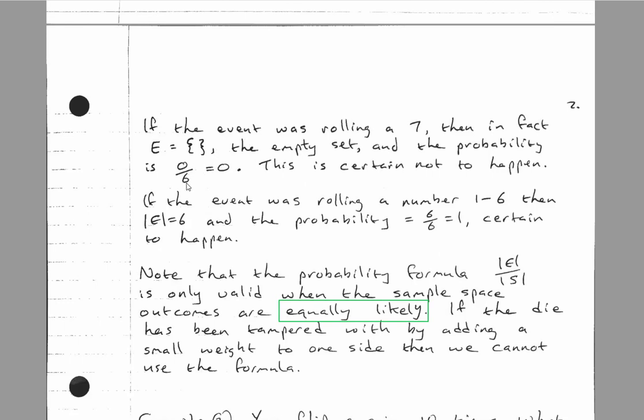So the probability of rolling a 7 is 0 over 6. That's 0. Certain not to happen, or impossible. So rolling a 7 is a probability 0 event.